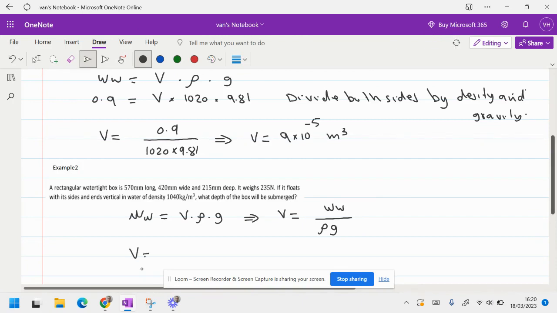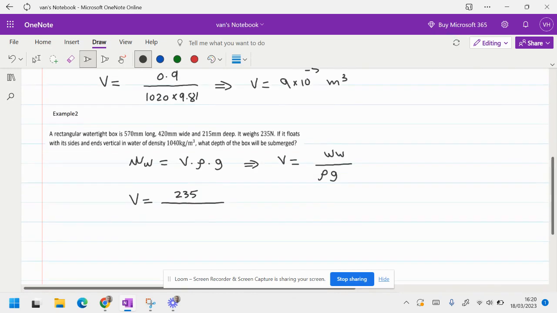So V equals, the weight of the displaced water in this example is 235 Newton over density 1040 times gravity 9.81. If you put this in our calculator, the volume will be 0.023 meter cube.